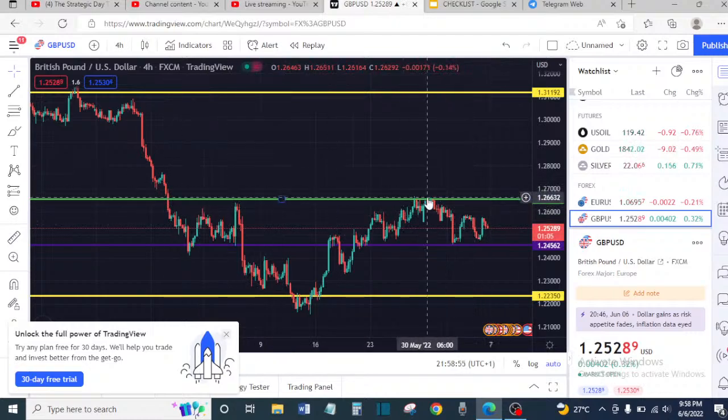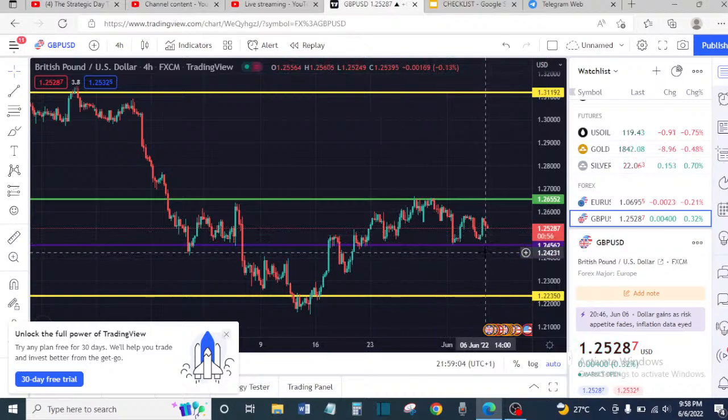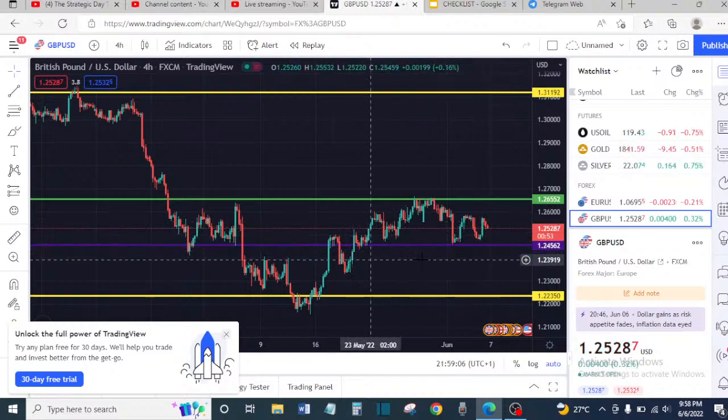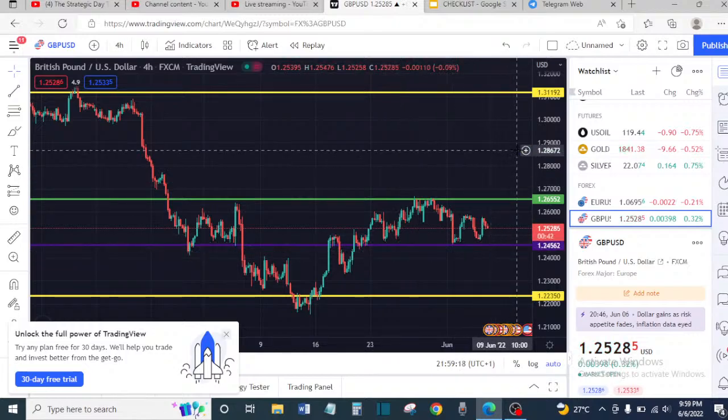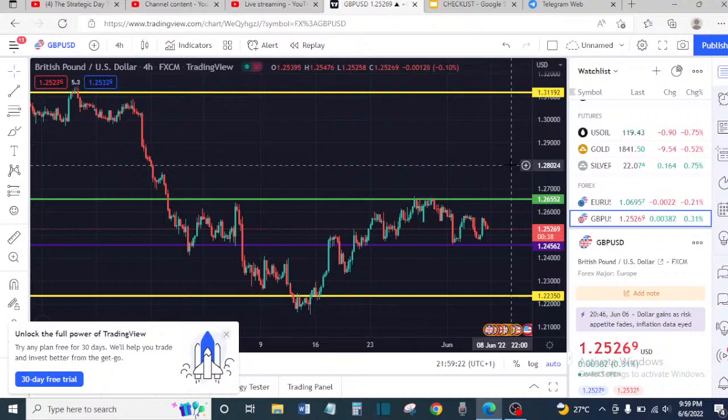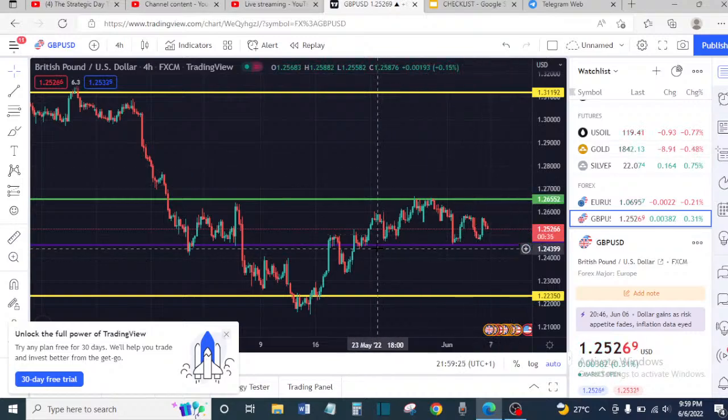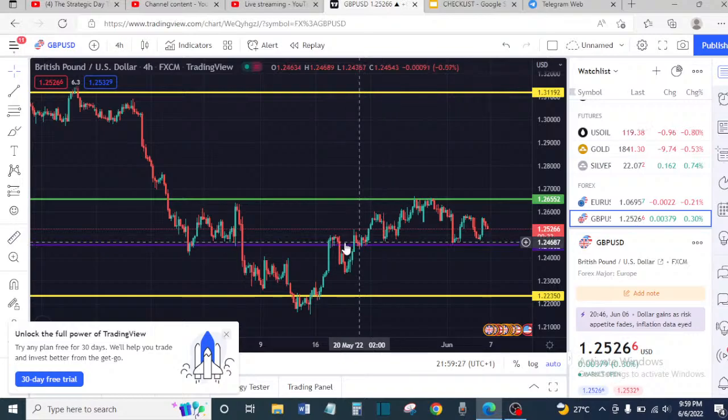From the look of things, I will be expecting that price should come to my area of power, and this is my own area of power, where price can come, take out these stops, and I look for my price action and a move to the upside. You can see that there is a lot of confluence in this area.